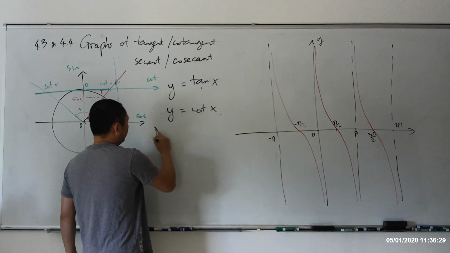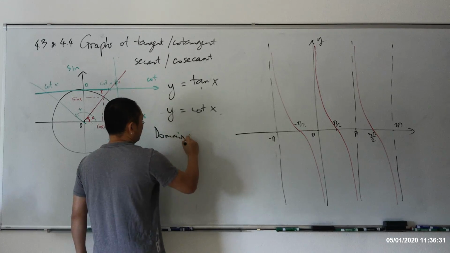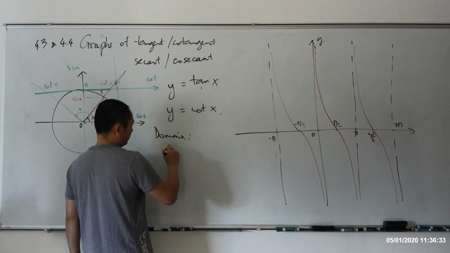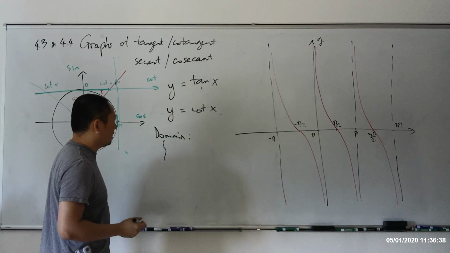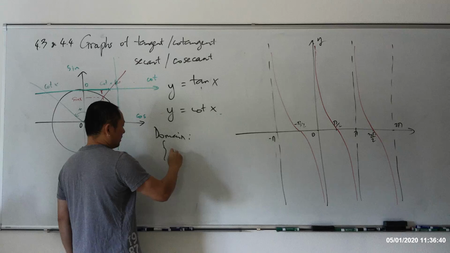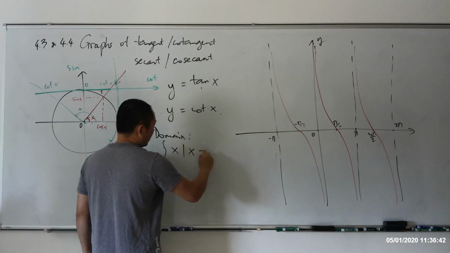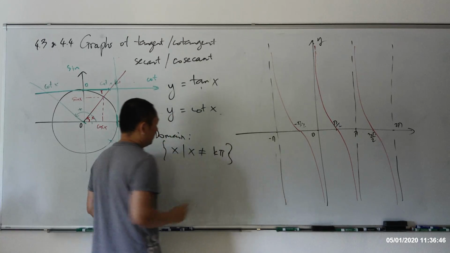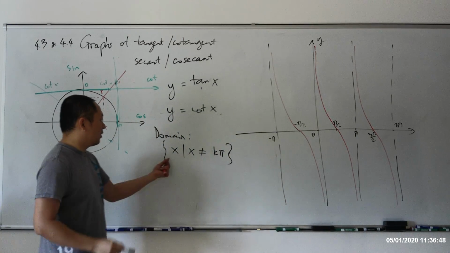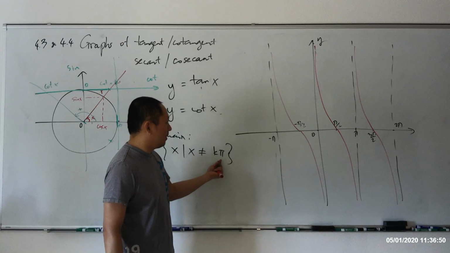So the domain is all real numbers. Let me use the mathematical set notation instead of writing in English. All real numbers x, x cannot be equal to k pi. This means that x cannot be a multiple of pi, right?